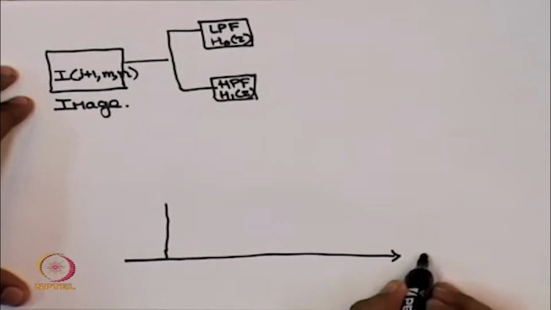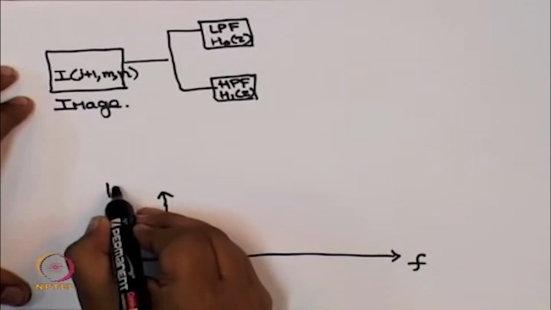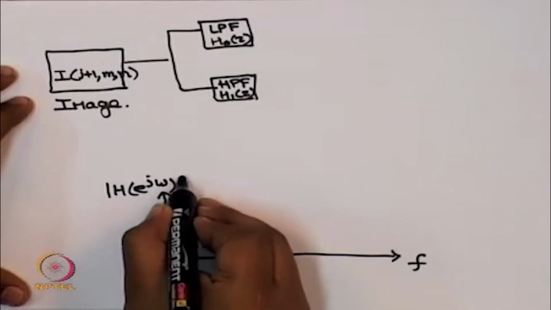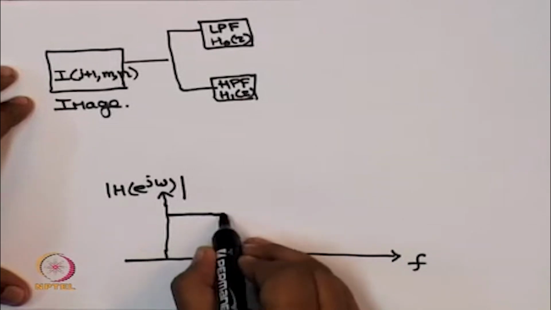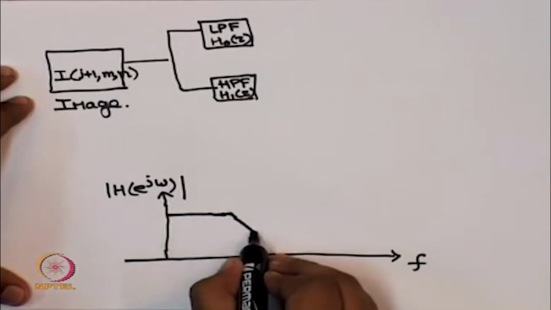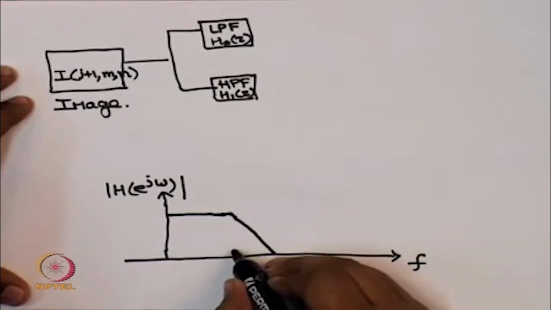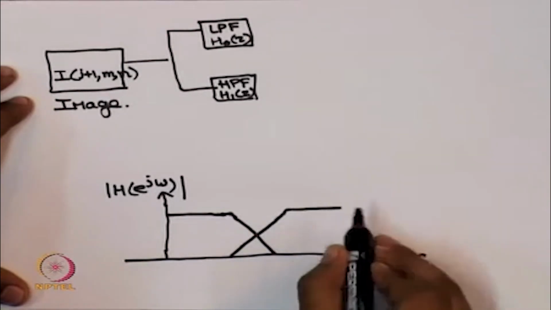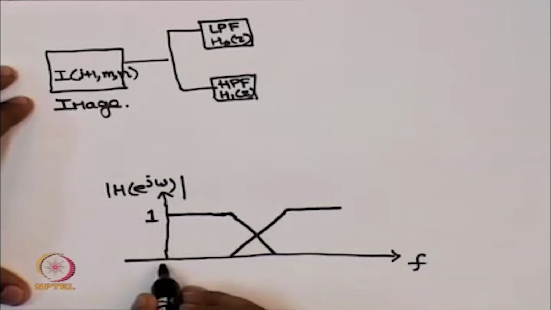Suppose that this is our frequency axis f and this is the magnitude. If this is the frequency response of a low pass filter, then the frequency response of the high pass filter should be like this, where this amplitude is 1.